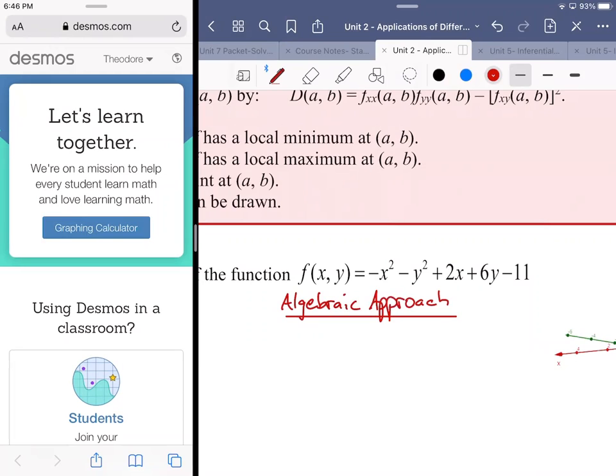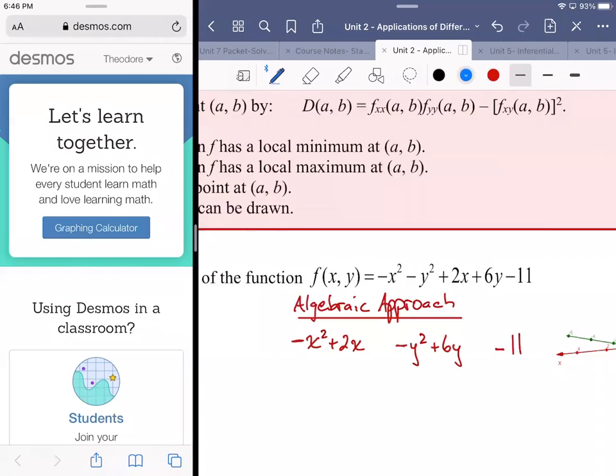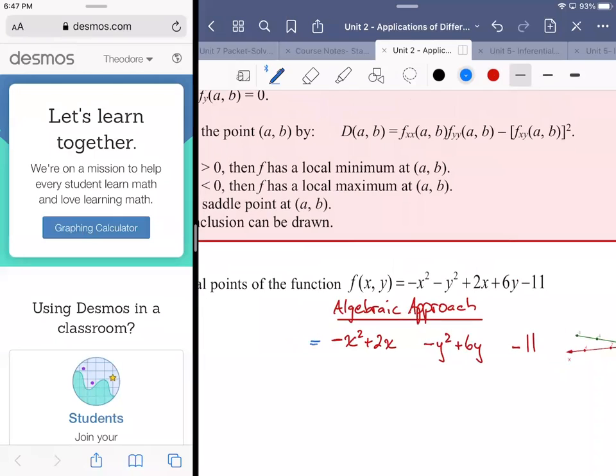If you look at the variables in play here, you have negative x squared plus 2x, I'm reorganizing it a little bit. Then you have negative y squared plus 6y, and then that negative 11, and the whole thing is equal to f of x comma y, which I'm just going to write down.